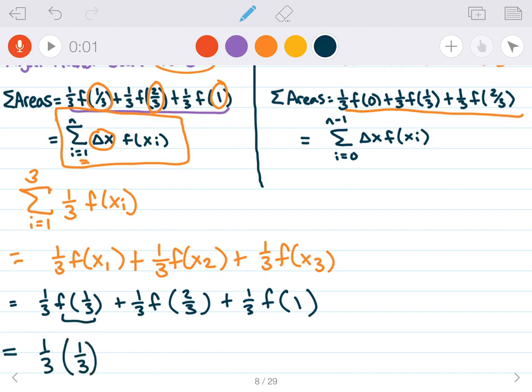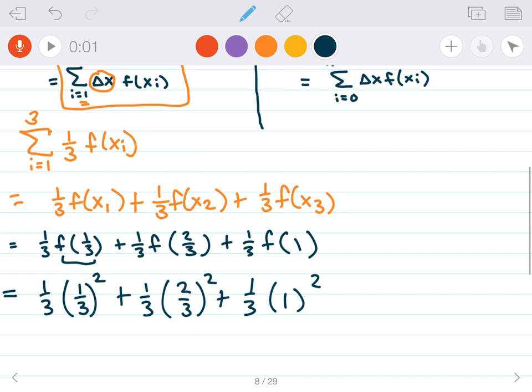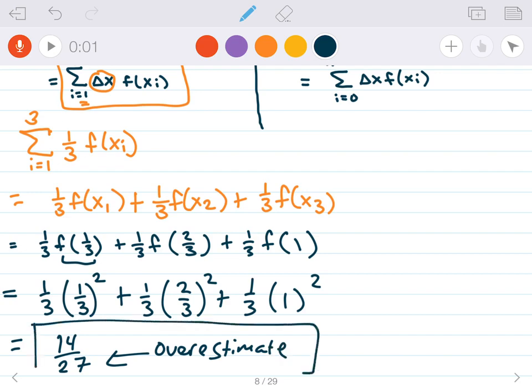So if I take this and square it, this and square it, this and square it, what I end up getting from my right-hand sum is 14 over 27, which we saw was an overestimate. So we already did this one. Now let's do the same thing using the left-hand sum.